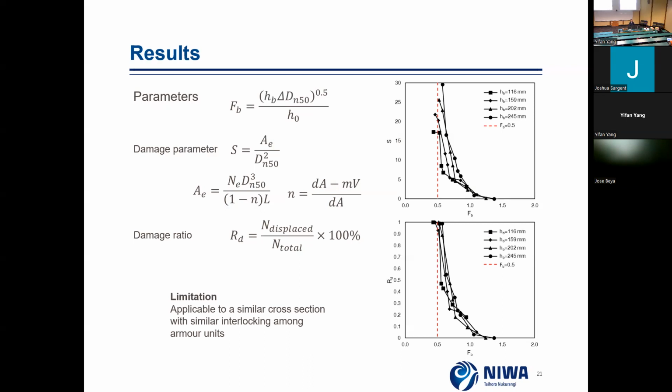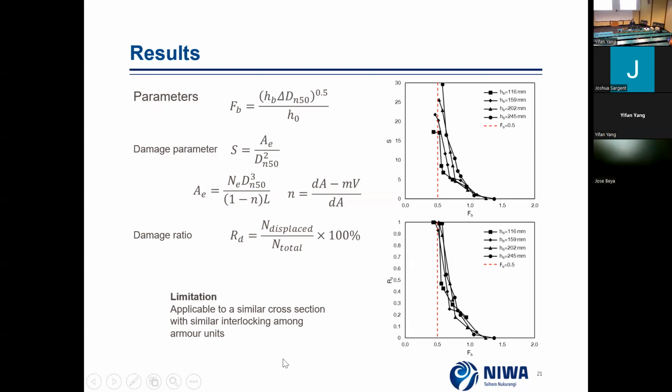So if we have the 10% threshold, and we want to keep that threshold under, for example, 2 meters tsunami depth, we can calculate the HB if we have a certain size of armor units.